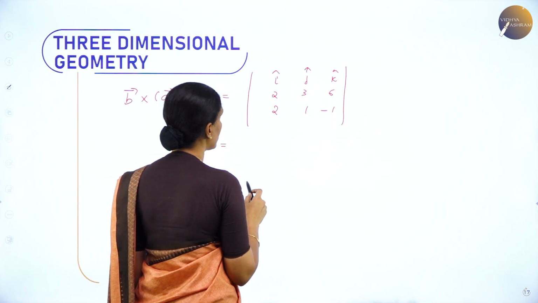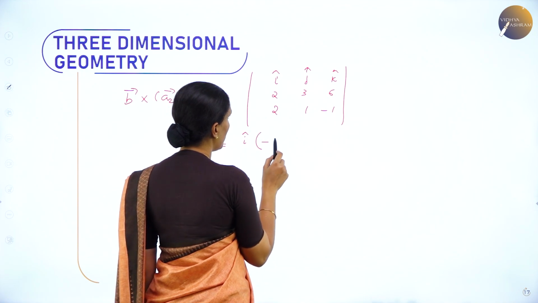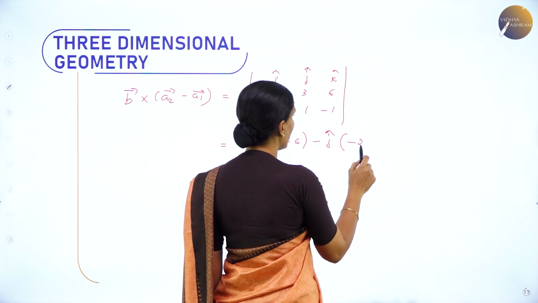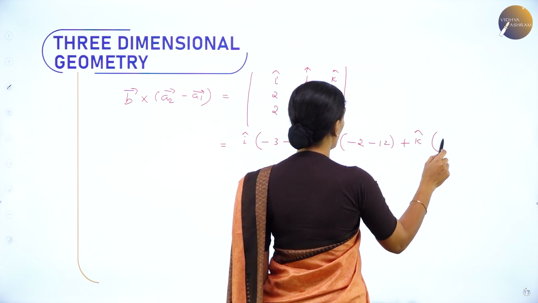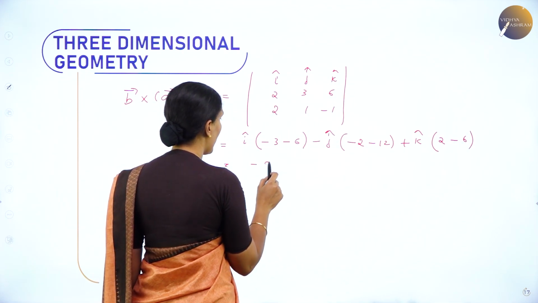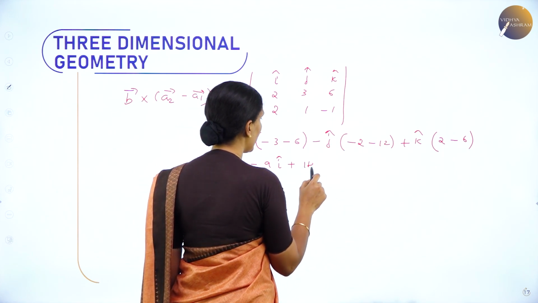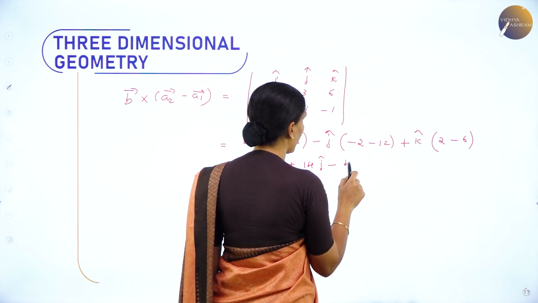Let us expand this. So we have here i into minus 3 minus 6, minus j into minus 2 minus 12, plus k into 2 minus 6. So this is equal to minus 9i plus 14j and here we have minus 4k.